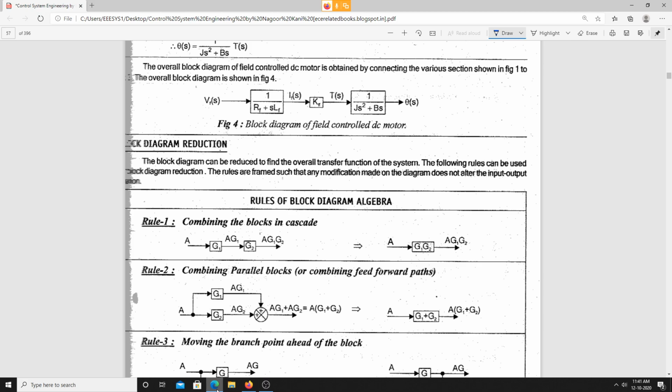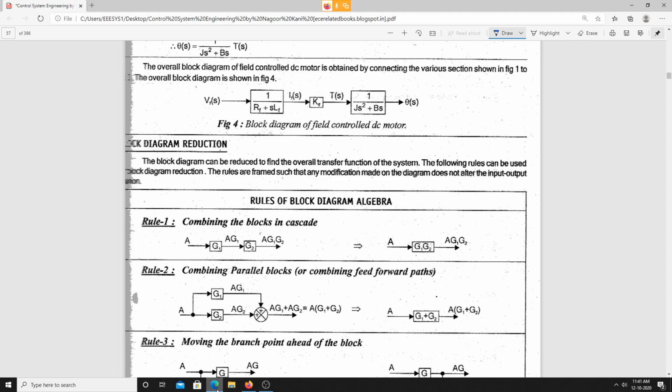Is it clear what I'm saying? I have the block diagram and I want to study the system, so I go for the transfer function approach. To find the overall transfer function, first of all I reduce the block diagram. After reducing it, I can find the overall transfer function of the system.